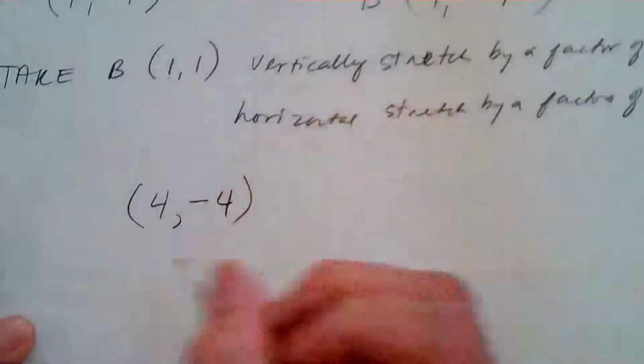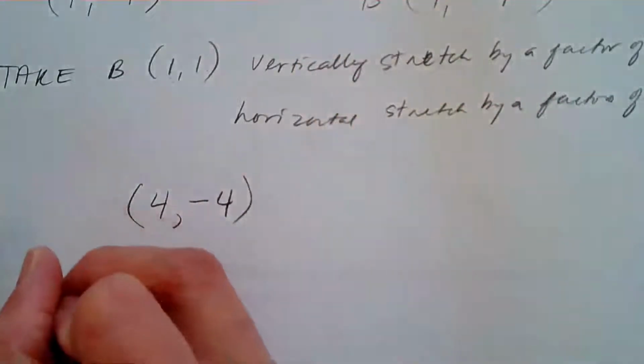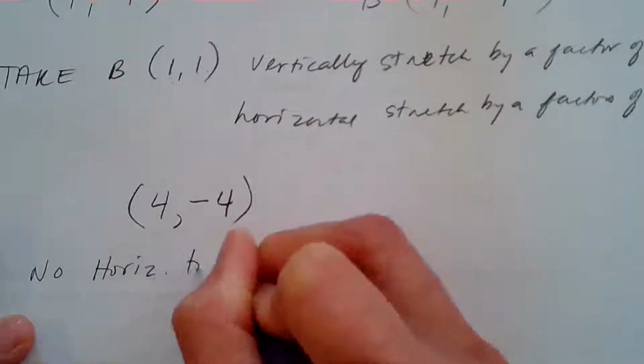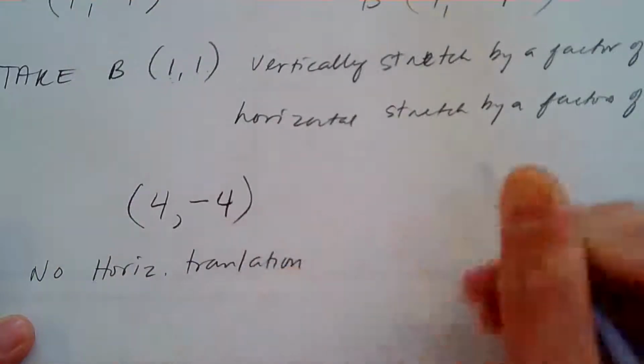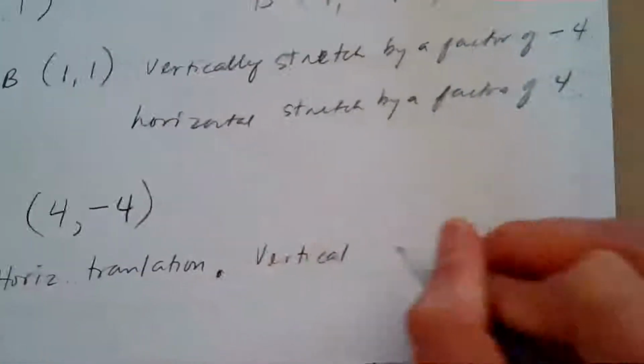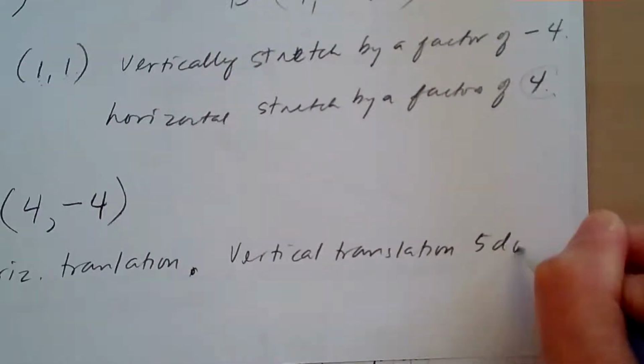So no horizontal translation, and then vertical translation 5 down.